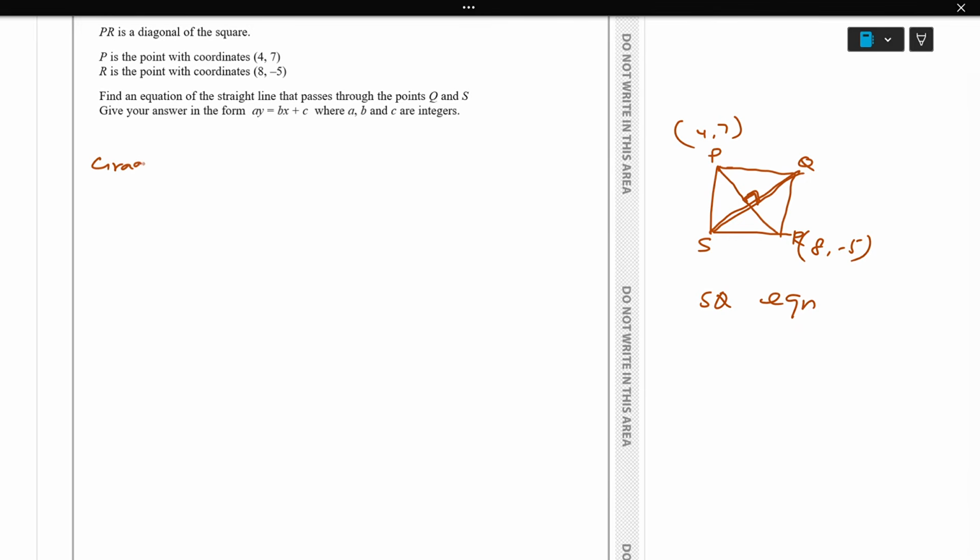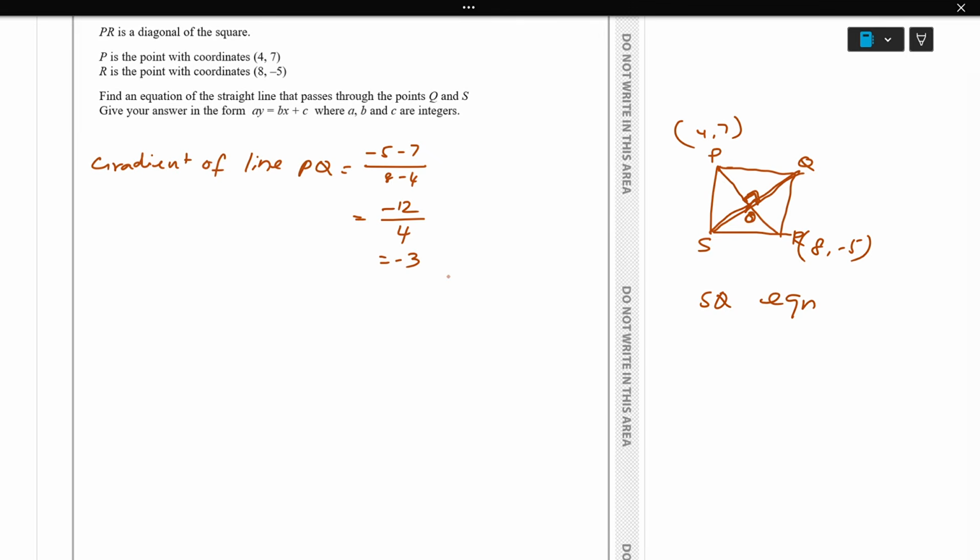We know the rule in a square: diagonals bisect each other, which means they meet exactly at the midpoint. Also, the diagonals are perpendicular. That is the important one. Let's go for the first step. We'll find the gradient of PR, the line, which is change of y over change of x.